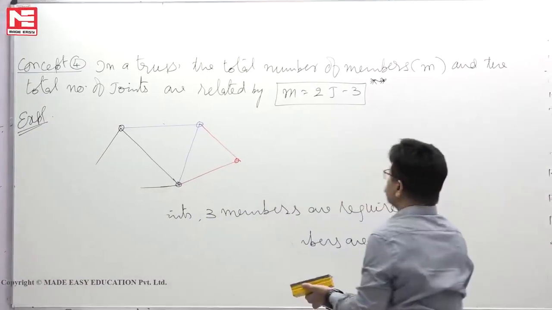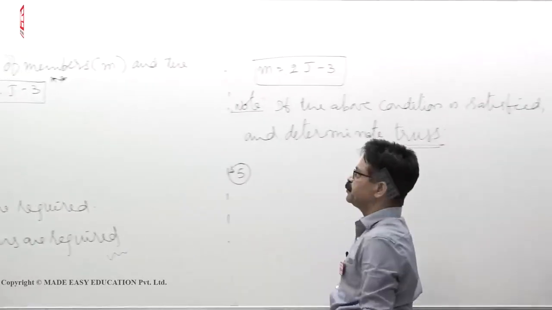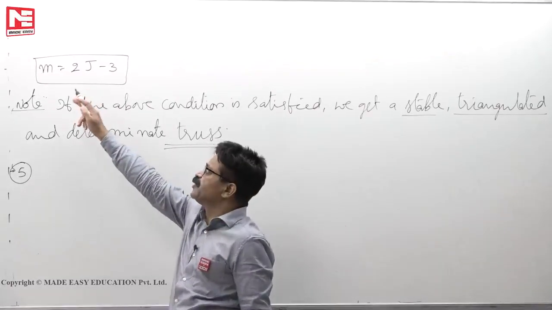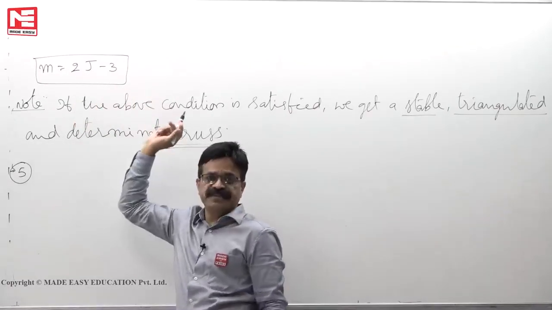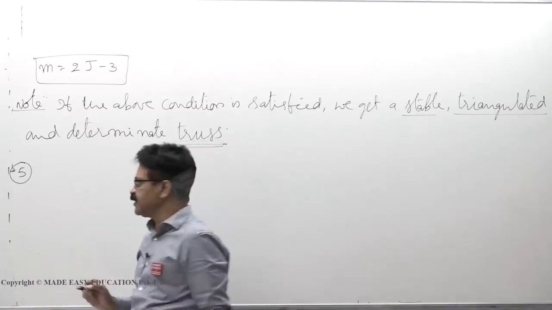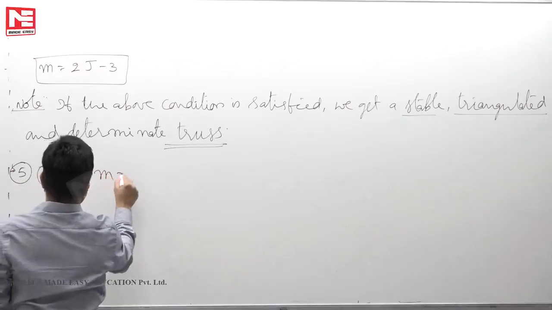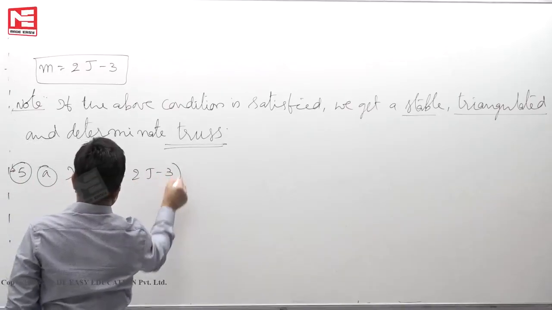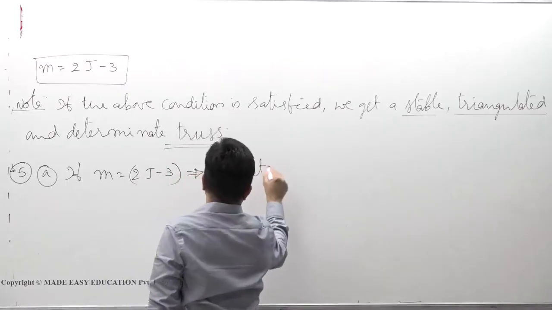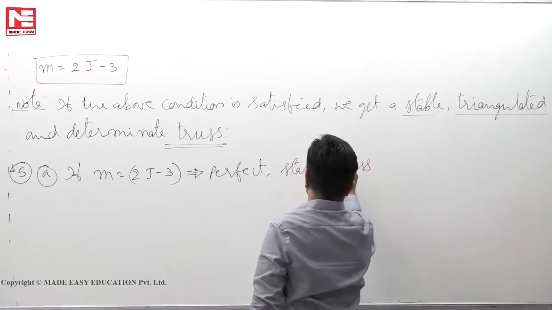Coming to the fifth point, if the number of members is exactly equal to 2J minus 3, then we call it a perfect and stable truss.